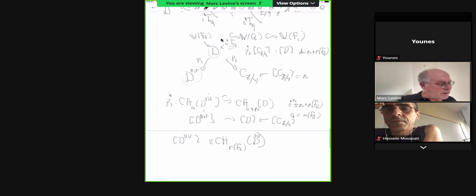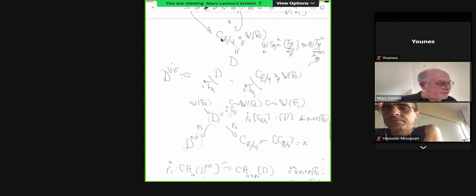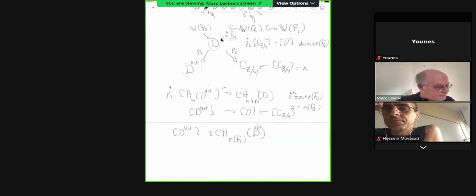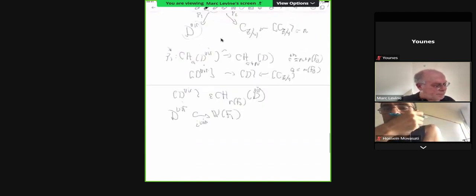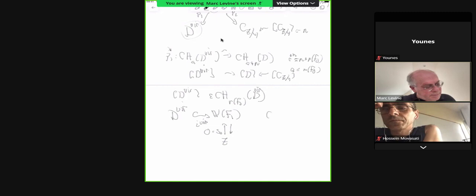But let's see, we're looking at a quotient. The D ver, remember, has an inclusion, let me call it I ver, into this vector bundle for F1. And now, this is a vector bundle over Z, so we have the zero section. Let me just call it 0. And so what we can do is take the pullback. This may be highly singular, but the 0 section is an LCI morphism.